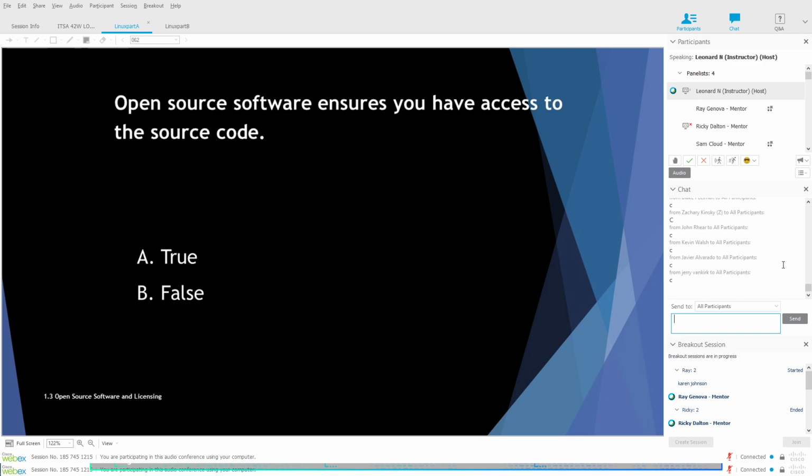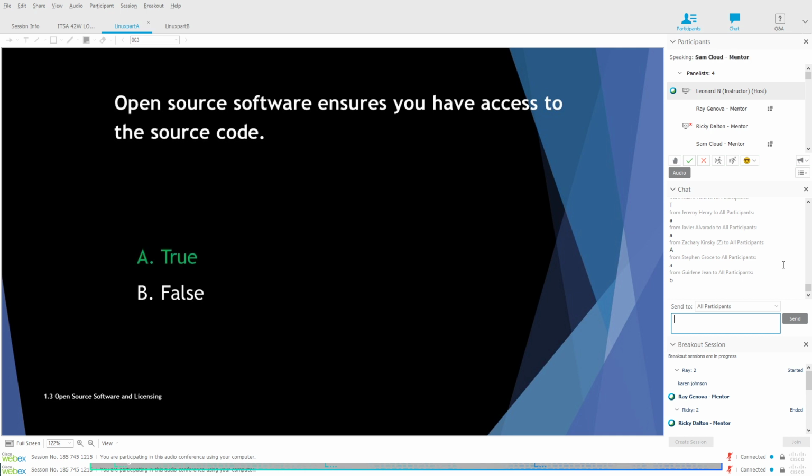Open source software ensures you have access to the source code, true or false. Everyone says true.